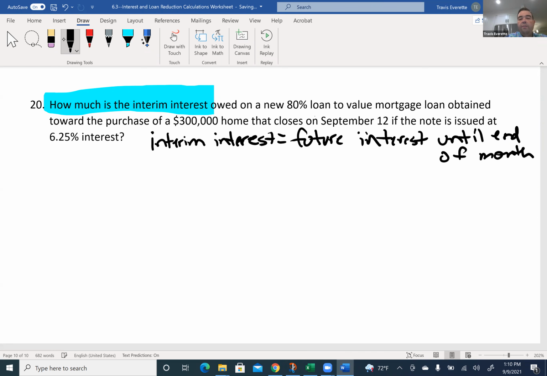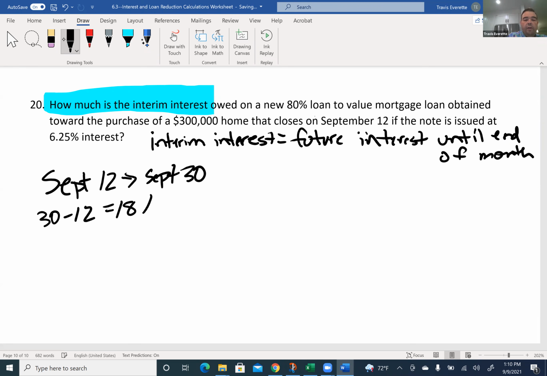So we're starting on the day of closing, which is going to be September 12th through September 30th. Our math for that's going to look like 30 minus 12, which is 18, plus 1 for the day of closing, 19 days.